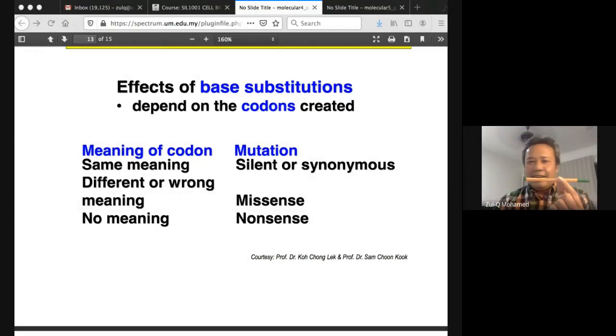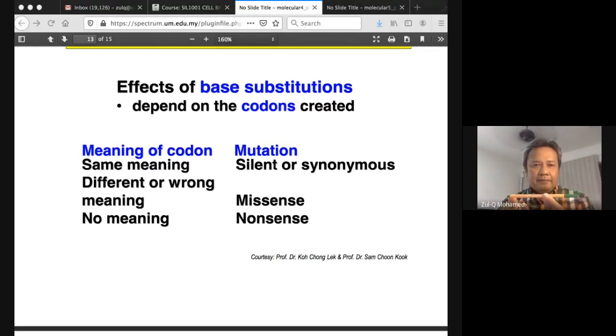So if this is your DNA, and the larger green is 5' and that is 3', your new molecule will be synthesized 5' to 3' that way, because synthesis must always be 5' to 3'.